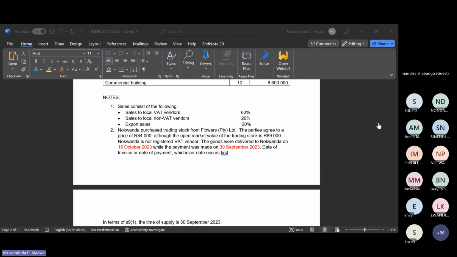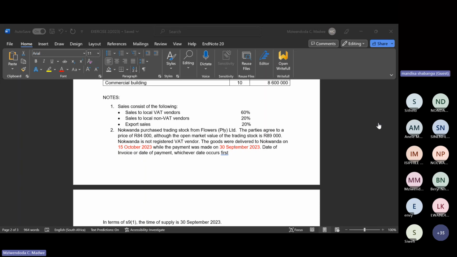So you say now, in terms of section 9, subsection 2, according to our scenario, the time of supply is 15 October 2023.